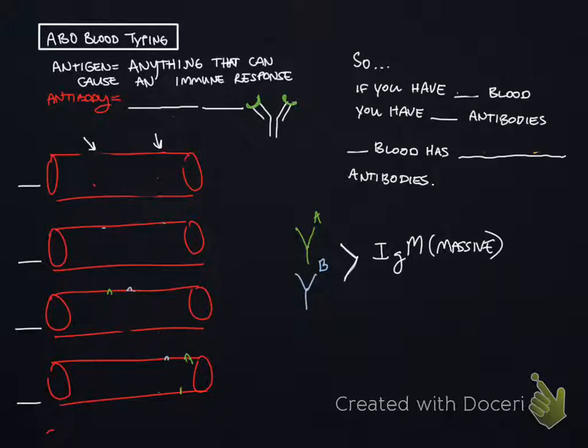So what is an antigen? Well, it's anything that can cause an immune response. And an antibody, what's an antibody? Well, it's a plasma protein, and it looks something like this.